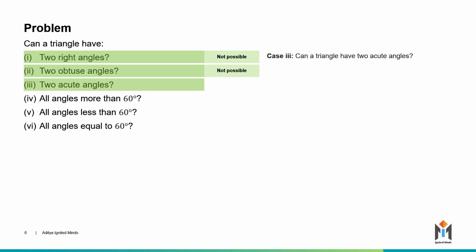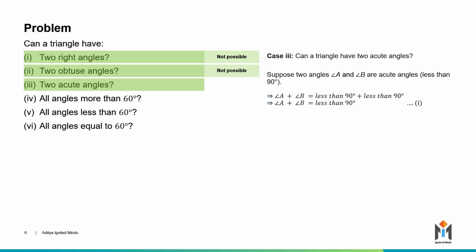In case number 3, we are talking about: can a triangle have two acute angles? Let us again consider that angles A and B are acute angles in this case. That means both are less than 90 degrees. So when you take a sum of angle A and angle B, less than 90 plus less than 90, what do you get here? Well, there are three subcases here.